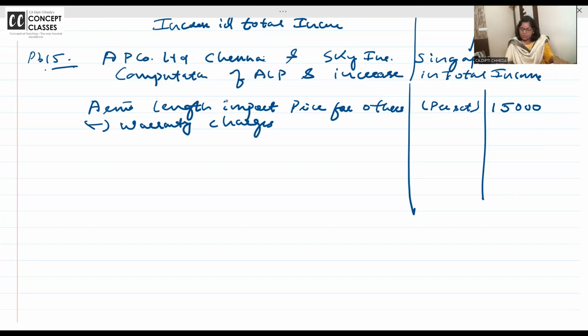Warranty charges are 2000. We are importing from others at 15,000 in which warranty charges are there. So what is arm's length price from our sister concern?